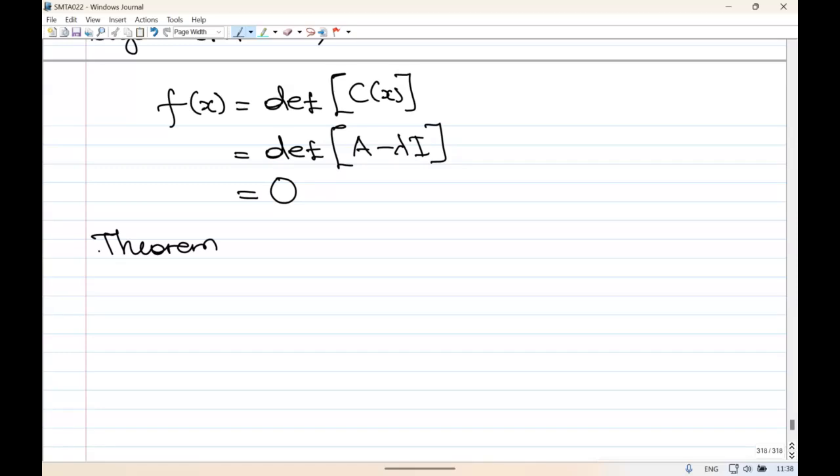We were calling it what? That equation where we get 0, colleagues? Characteristic equation. Good. We're calling it characteristic equation. So if you call it the characteristic equation, then we are sorted.